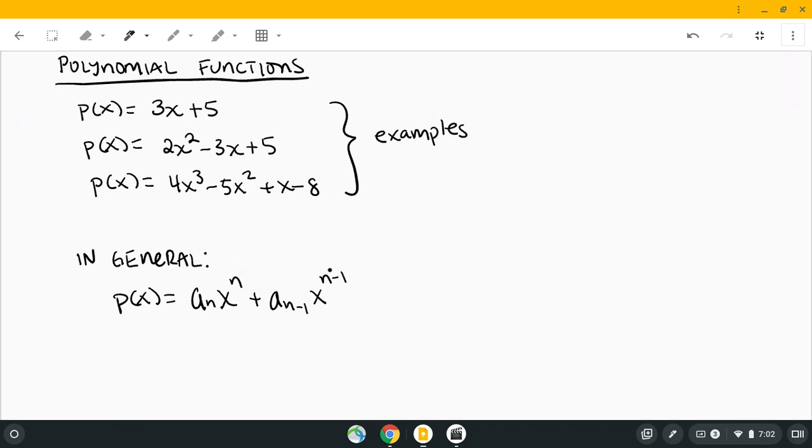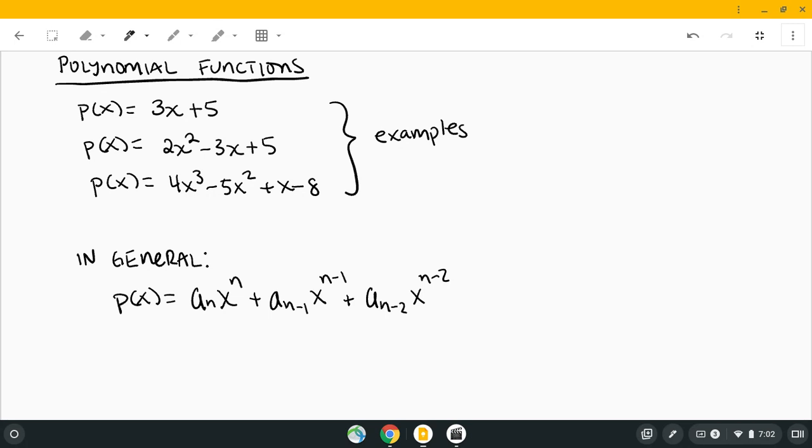The next one has some number here, and this one is 2 less than the first. So if this is 5, this one is 4, this one's 3. It's going in descending order: 5, 4, 3, 2, 1, 0. This is just a general way to write it. Maybe it's a 5, maybe it's a 27.